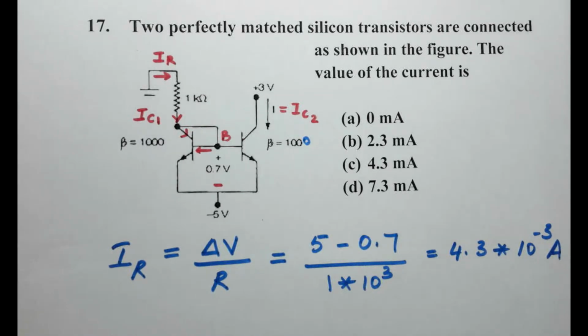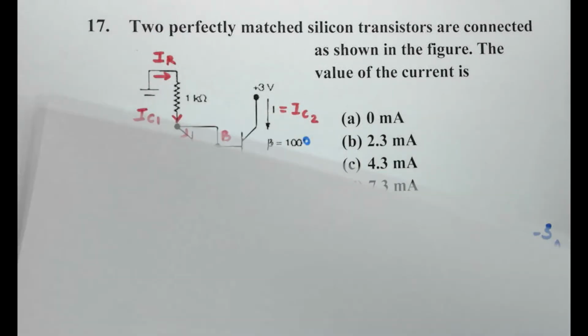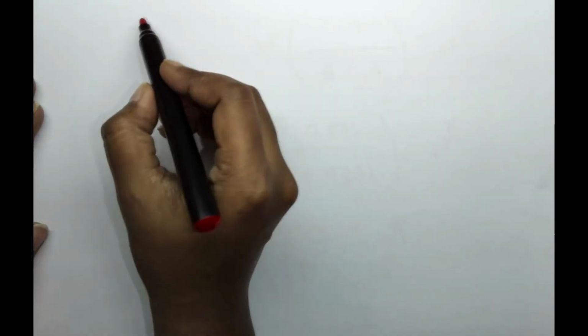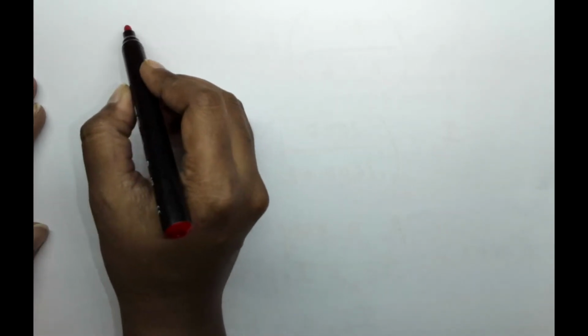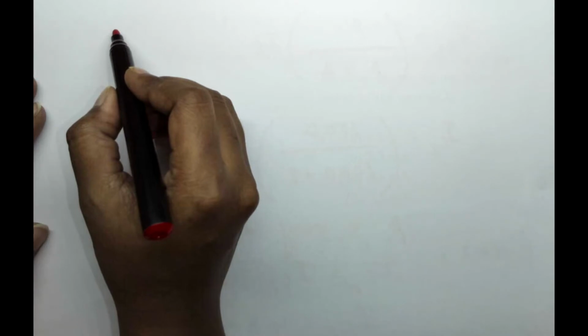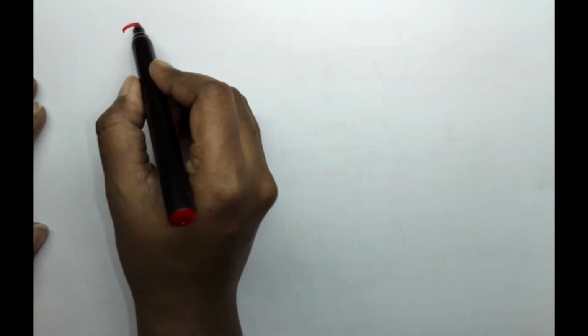Now, because we will have to calculate the current of the collector side of this transistor over here, let's use the following formula. Let me just grab another sheet of paper. Okay. So to find the equation, we can write down the formula as IC1. That is what we need over here.